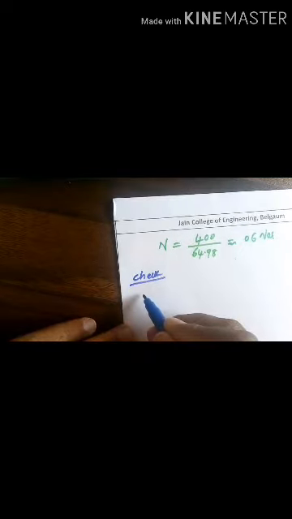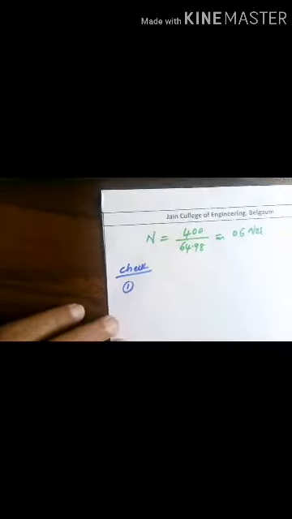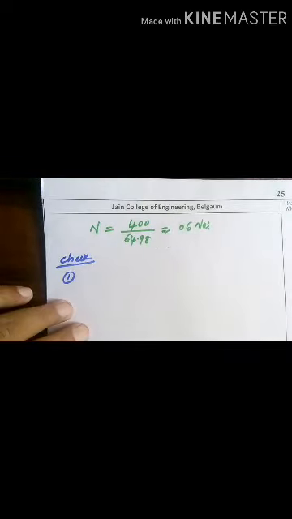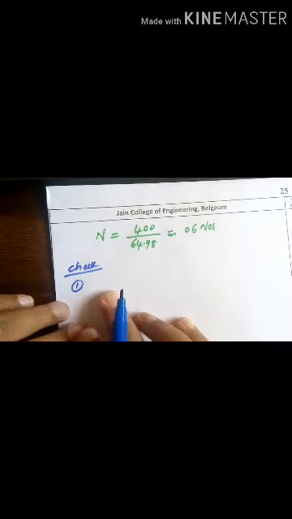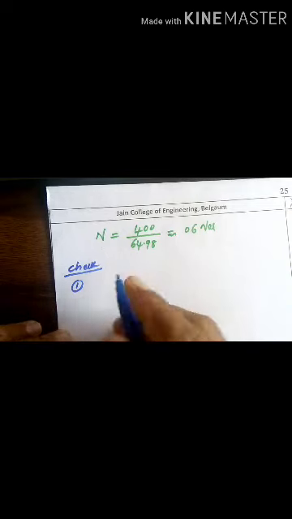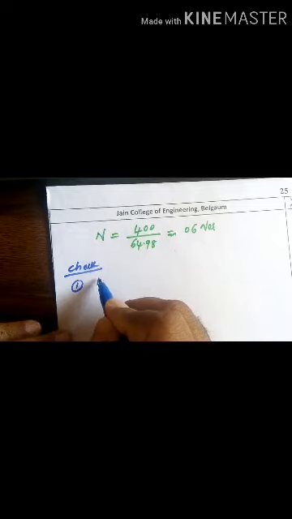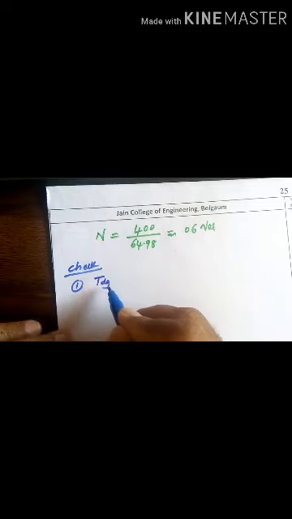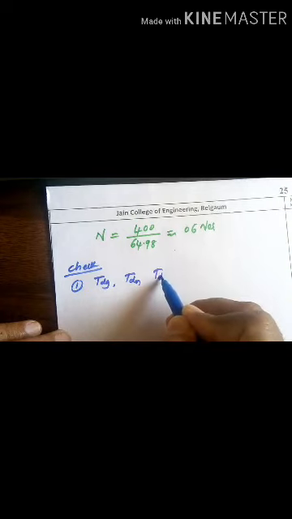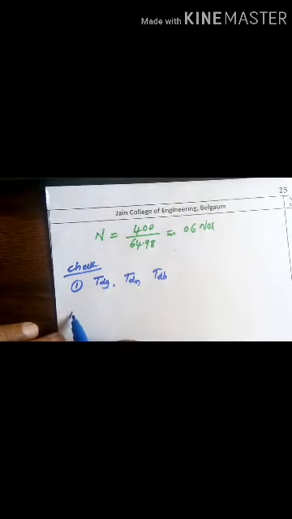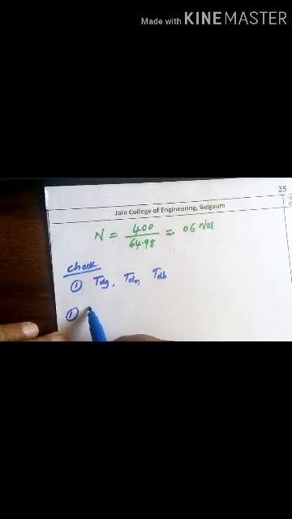The first check is, as we know, the tension member fails in 3 modes: strength in gross section yielding, strength in net section rupture, and strength in block shear. That is, we need to check Tdg, then Tdn, then Tdb.